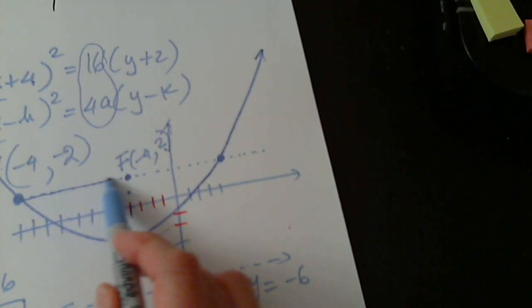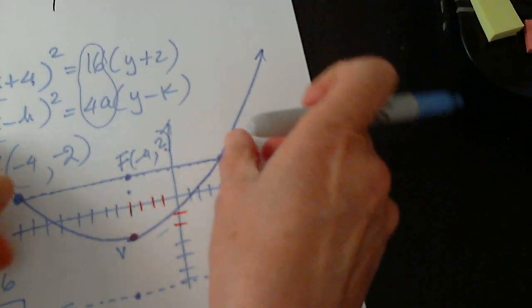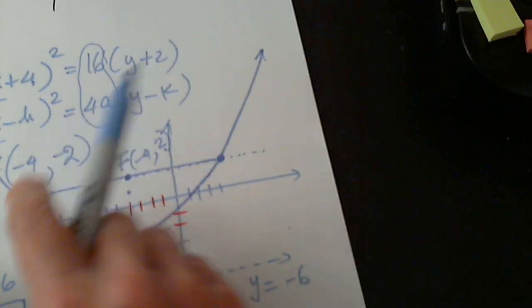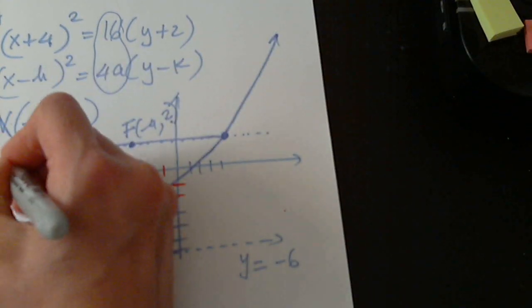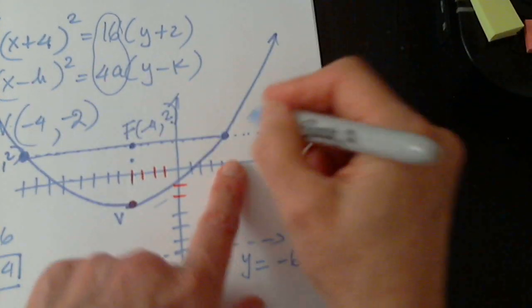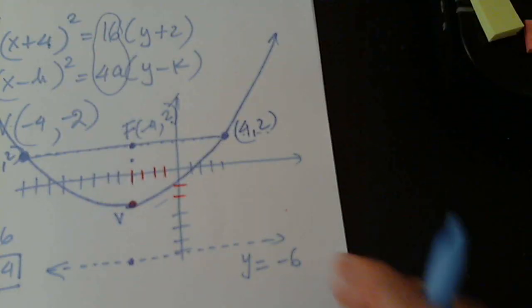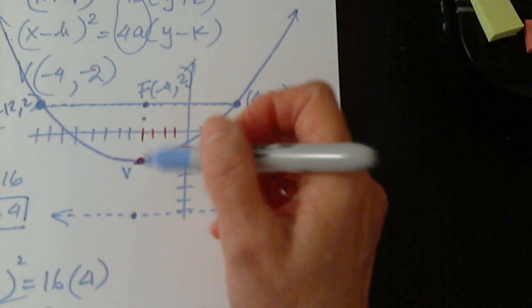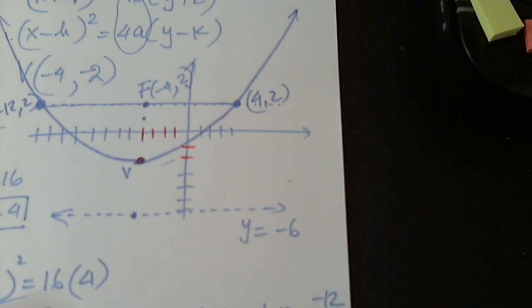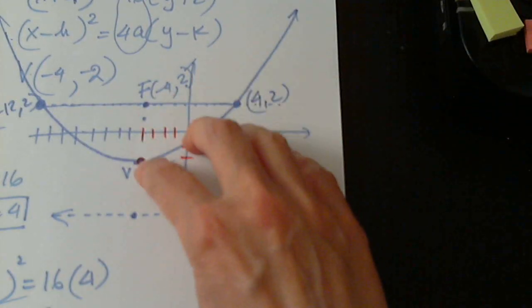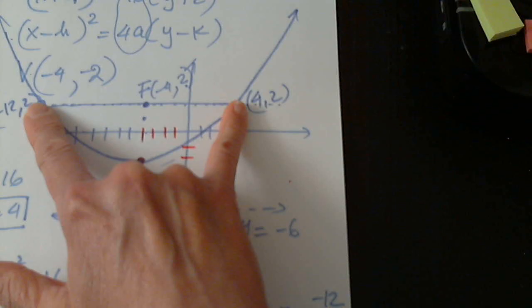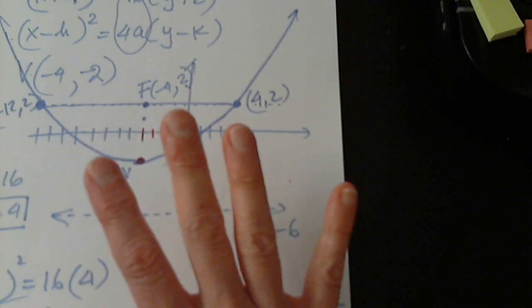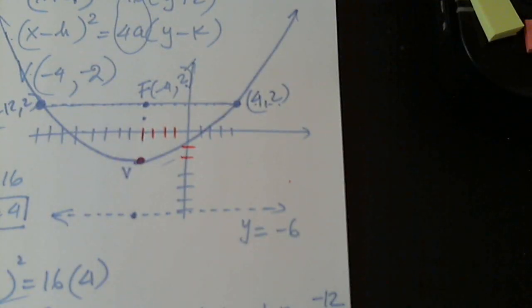And this is the latus rectum. And I will identify this as (-12, 2) and this as (4, 2). And everything is already defined: the focus, the vertex, the directrix, and the latus rectum. We identified everything. As you've noticed, this is not centered at the origin.